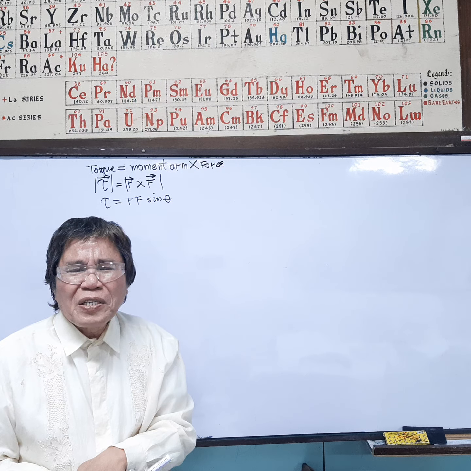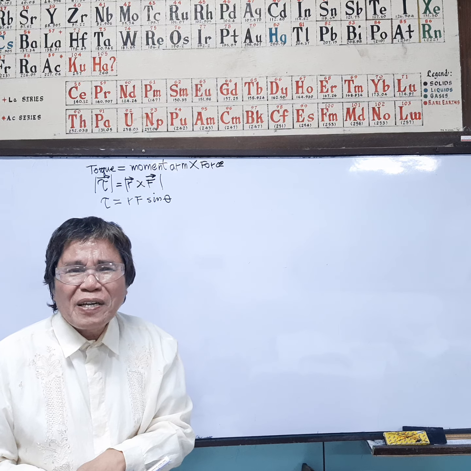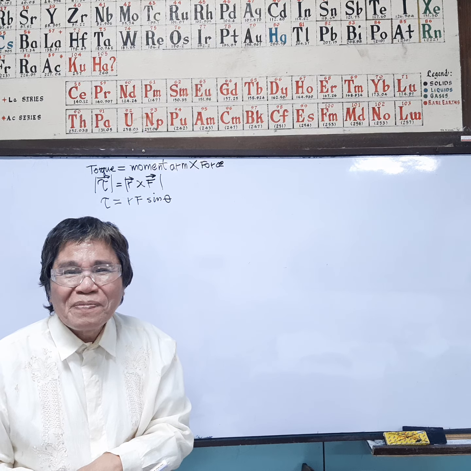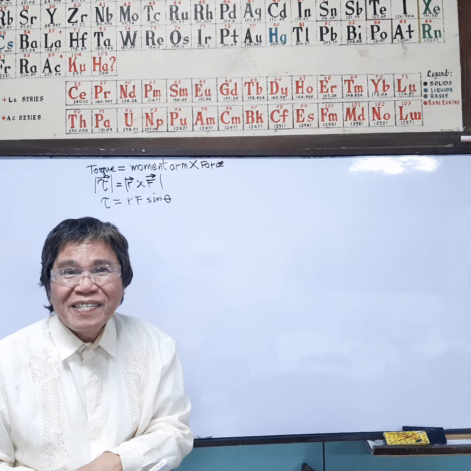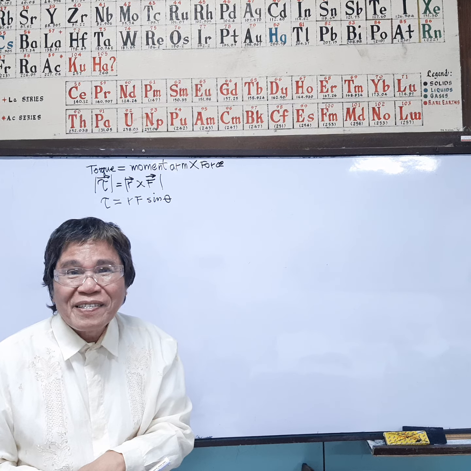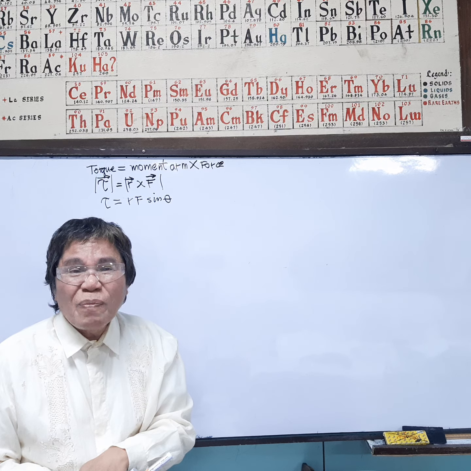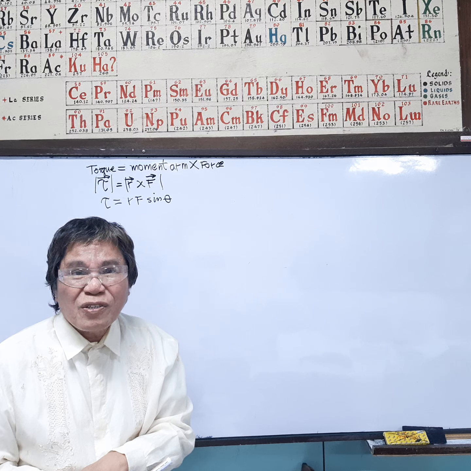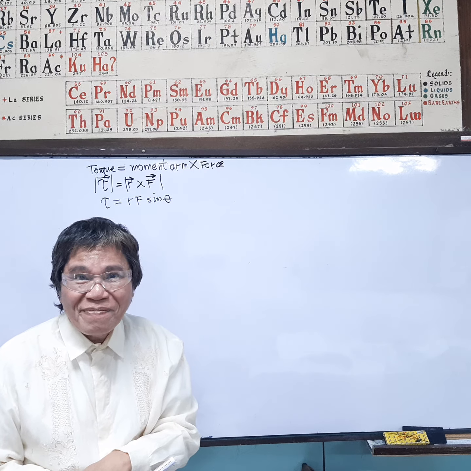When the angle is 270, the sine of 270 is not 0. It's 1. And because it is along the negative y-axis, you have a negative 1 in terms of direction.